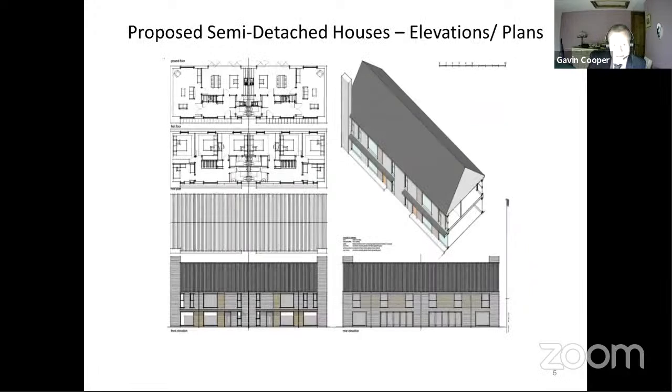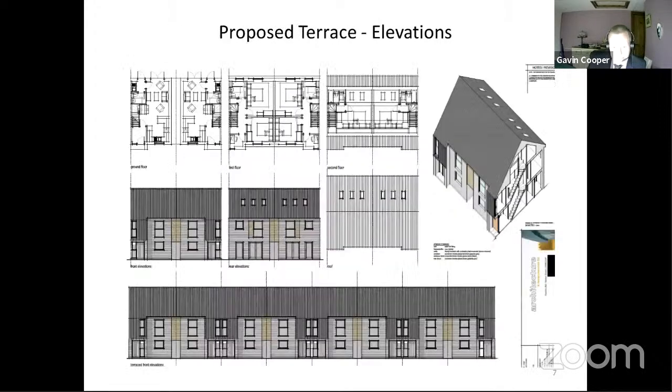So these are the detached houses, the semi-detached houses, which all have very similar language in terms of their appearance, in terms of the scale of the windows and the type of materials being used throughout the site. So these are the terrace elevations and floor plans. You can see how those work.